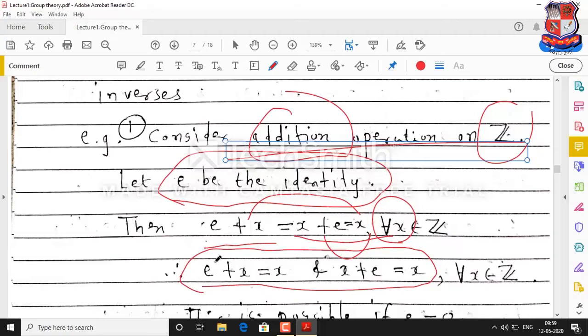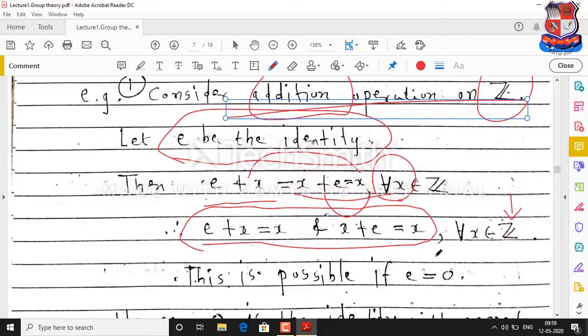For which element of this set Z this is possible? E plus X is X for every X and X plus E is X for every X. So this is possible only if E equal to 0.